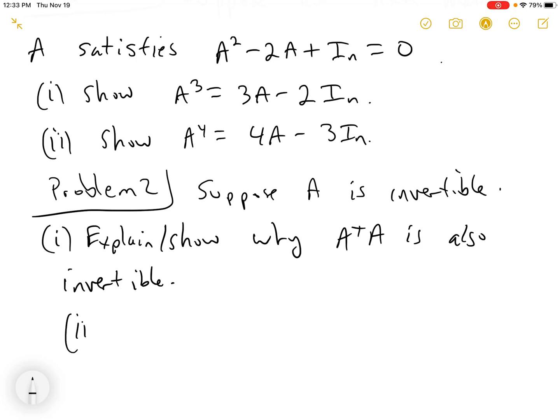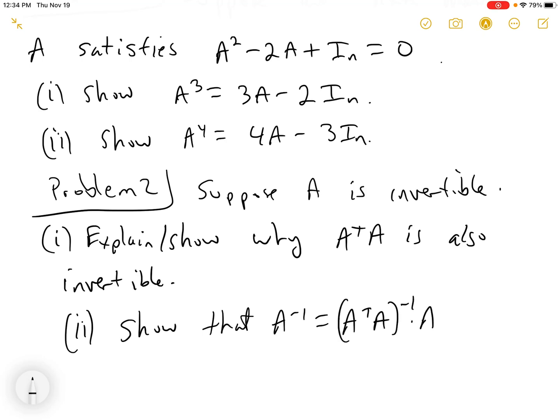And then 2, after that, show that A inverse is (A transpose A) inverse times A transpose. So that's problem 2.